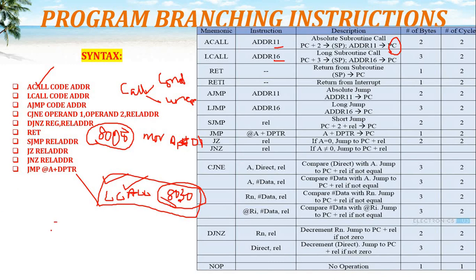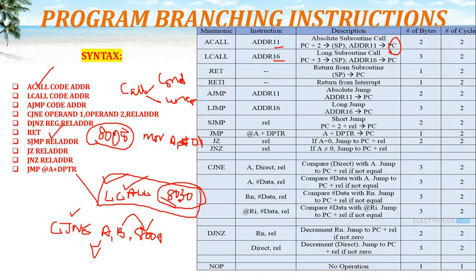For CJNE, I write CJNE A, B and one address, here 8009. It will compare these two operands. If they are not equal, it will move to this address. If they are equal, it will proceed with the next instruction. That is CJNE. While discussing programs, you will understand it clearly.